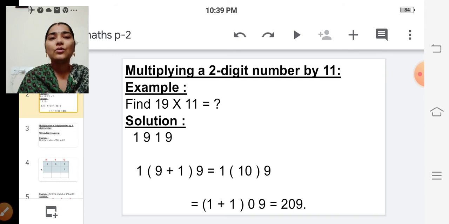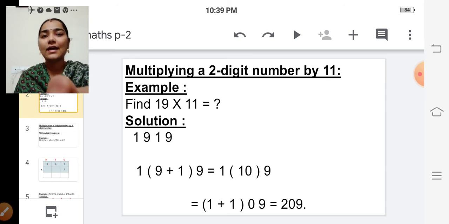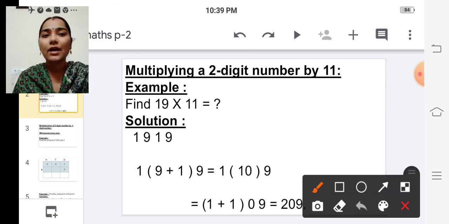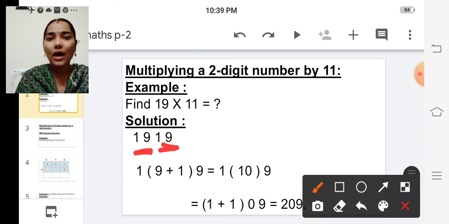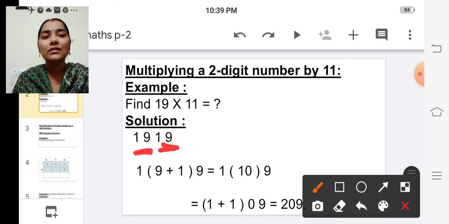In the solution, the first step is that we have to write the number 2 times. So we have to write this 19 2 times. Then write this 1 as it is.